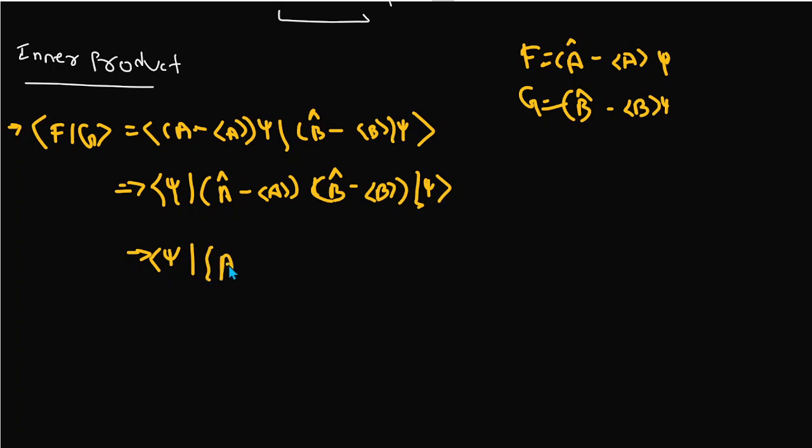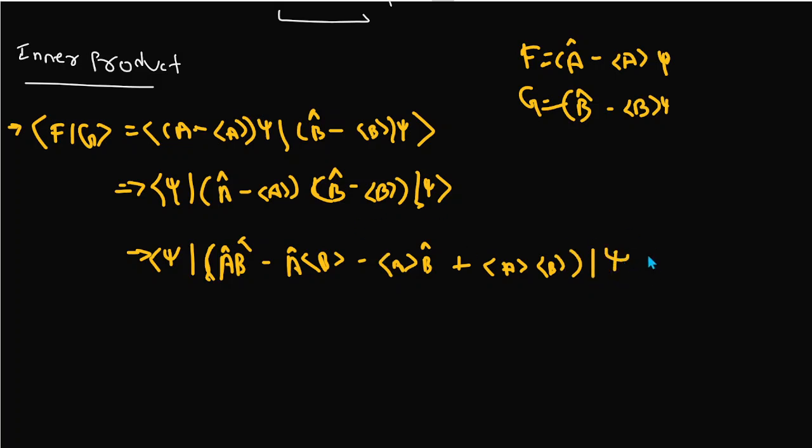Here it will be A cap B cap, then minus A cap and bracket B, where bracket B means the expectation value of B. Minus the expectation value of A, which is bracket A, B cap, and minus minus positive, bracket A and bracket B. Now we have written our form: A cap B cap minus A cap bracket B minus bracket A B cap plus bracket A bracket B.